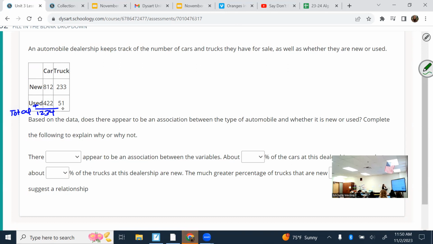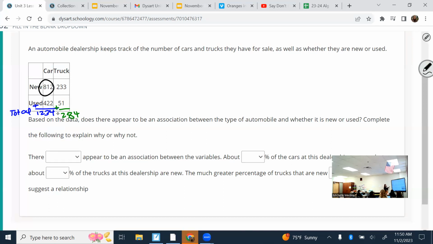And for the trucks, it was 284. So when you make your relative frequencies, you would be doing 812 divided by 1234. You get a decimal, times it by 100%, and then let's just round to the nearest percent.